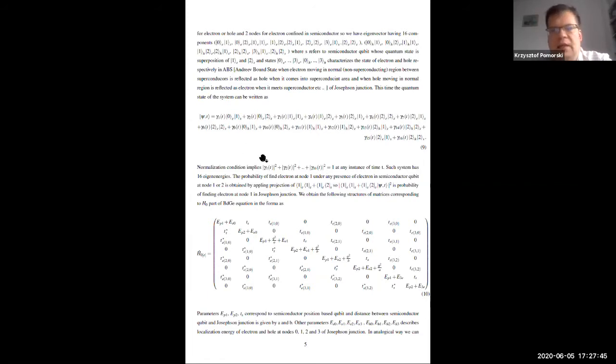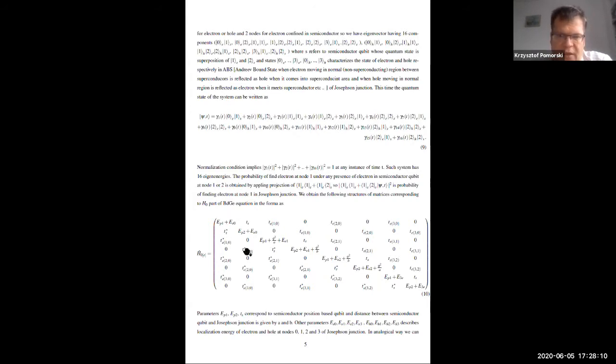And then there is obviously the normalization condition that leads us to such an equation as given here, and then we need to inspect the matrix structure of such an interacting system.